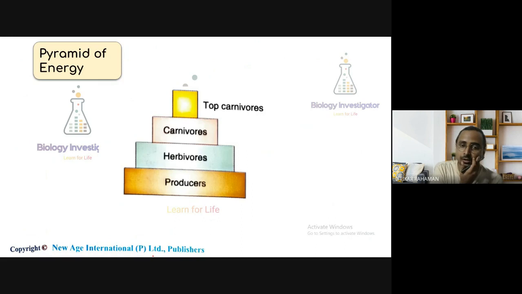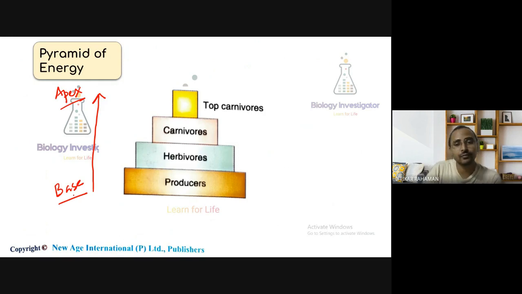Always energy will be decreased from base to apex. We will see in the next class how energy is flowing in each and every trophic level, but for now I can tell you, from base to apex always energy will decrease.